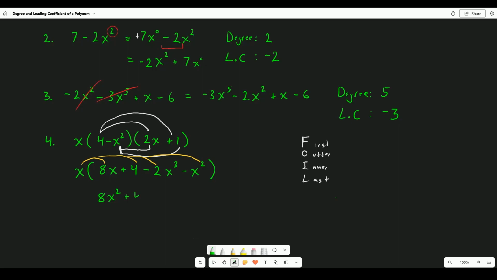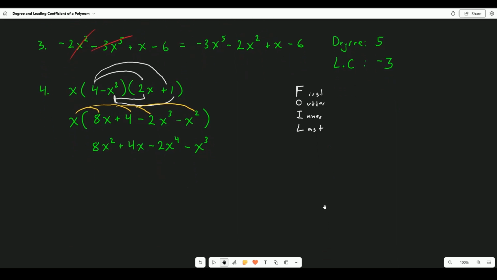That's plus 4x. And what's x times minus 2x cubed? Well, that's minus 2x to the 4th. And then the last one is x times negative x squared. Well, that's just negative x to the 3rd power right there. All right, we have successfully written our polynomial.